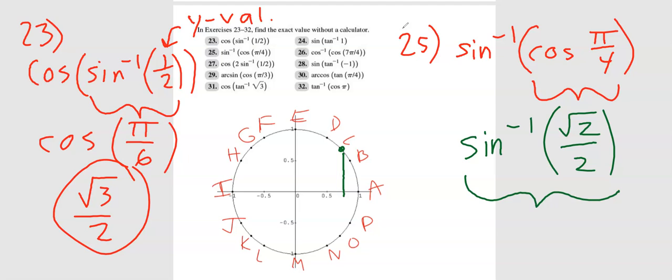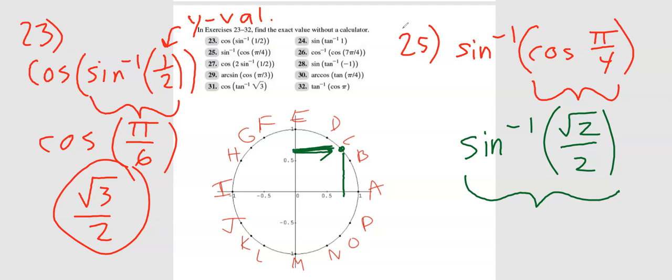I thought, okay, so we don't understand the question because we don't know what it's giving us and what it's looking for. So I'm looking for an angle measurement with a y value of radical 2 over 2 that has to be where? It has to be on the right half of the circle. So what's the angle measurement?